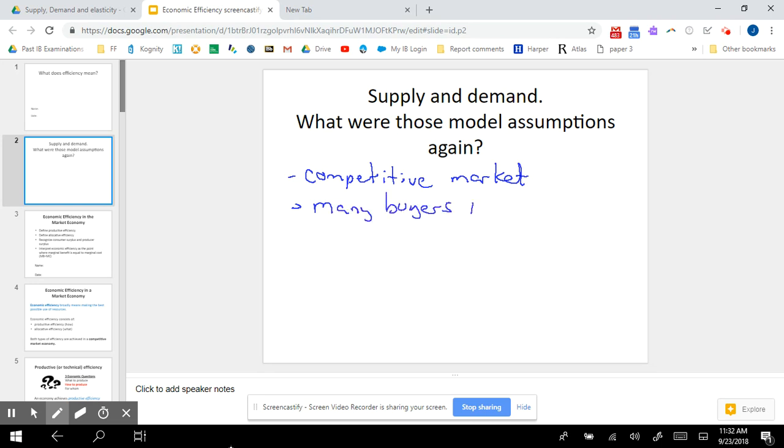So again, no one buyer or seller holding an enormous amount of market power. We're dealing with perfect information, which means everybody knows how much products are being sold for, if one buyer was selling at a higher price, and so on. And lastly, we're dealing with identical goods.